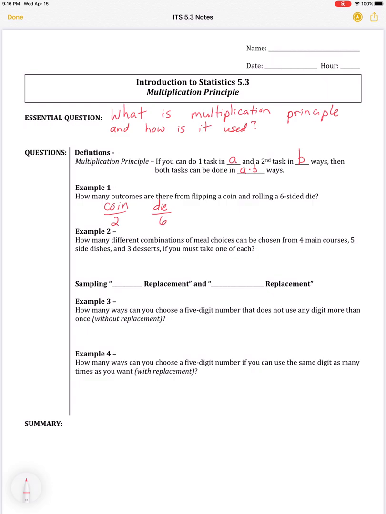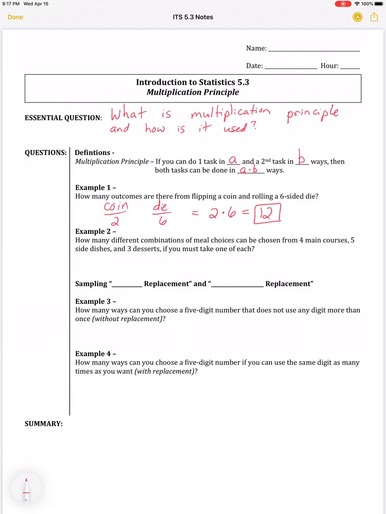So how many possible outcomes are there? You take 2 times 6, and you'll get 12. 12 total outcomes. And that's what we did the other day in the notes when we listed H1, H2, H3, or T1, T2, T3, and so on. We listed them all out. We just found out there's 12 of them without listing them.